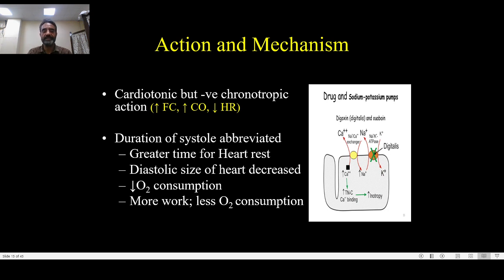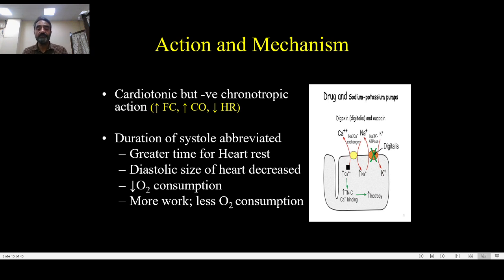Increase force of contraction, tend to increase the cardiac output as well as the ejection fraction. And the other effect is that they are having a negative chronotropic effect. That is, heart rate is decreased. So force of contraction is increased, but heart rate is decreased.